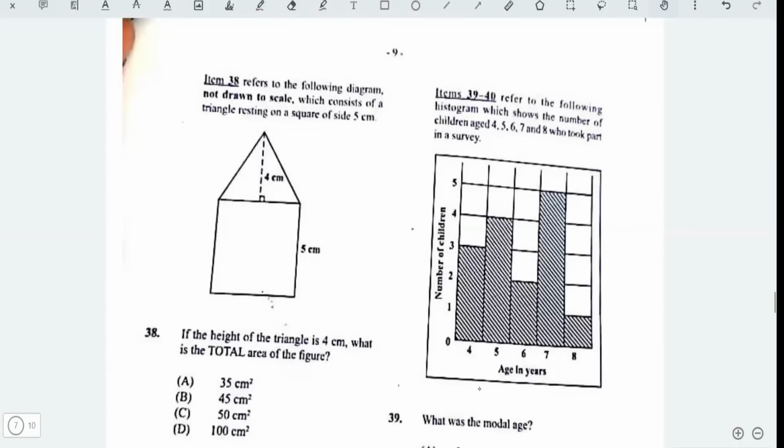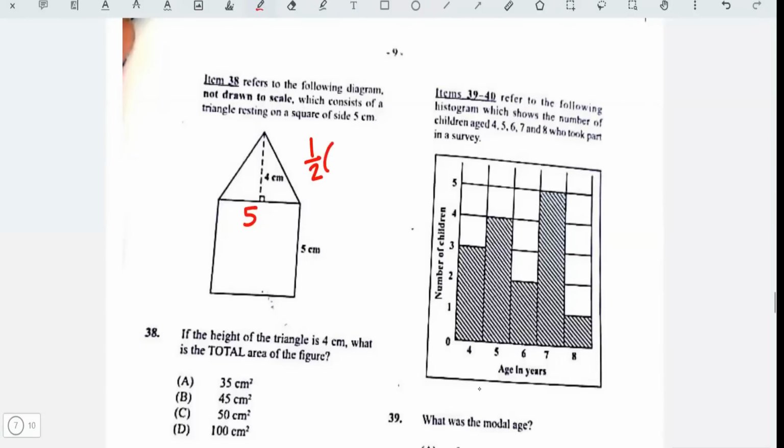Question 38. It says, if the height of the triangle is 4 centimeters, what is the total area? First find the area of the triangle, which is a half times the base times the height. Remember this is a square, so the base is 5.